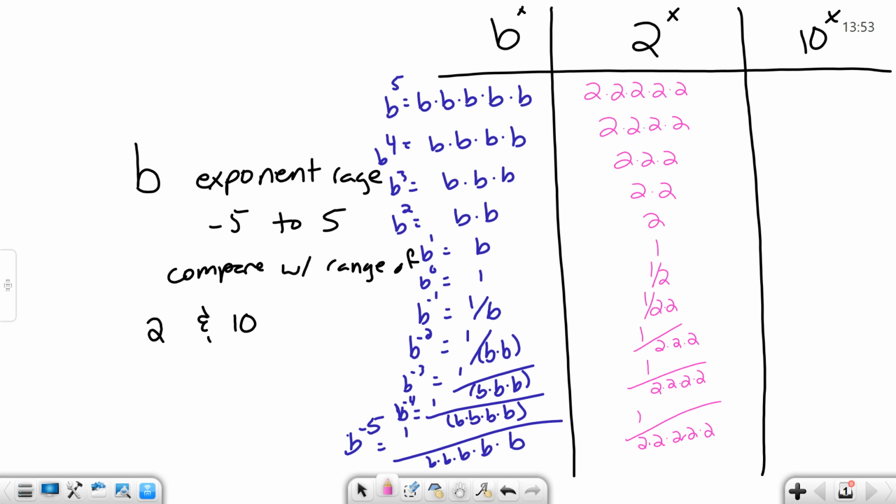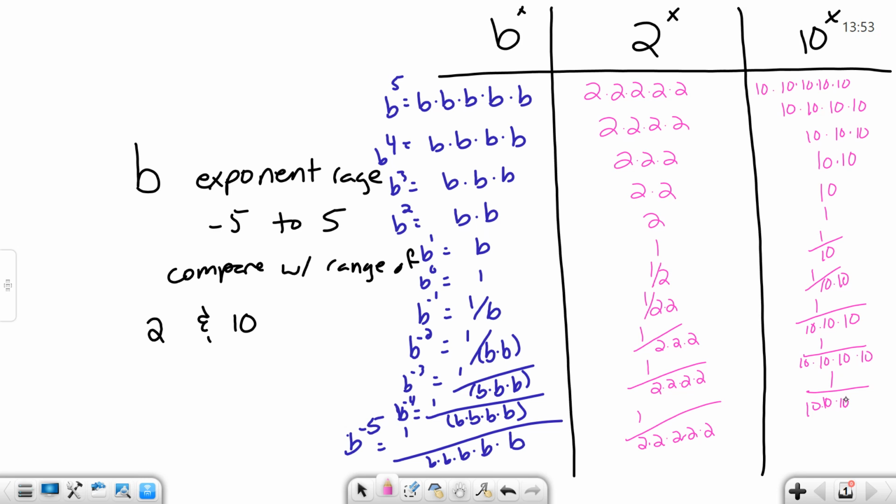Same thing if we move to a base of 10. These patterns do not change.